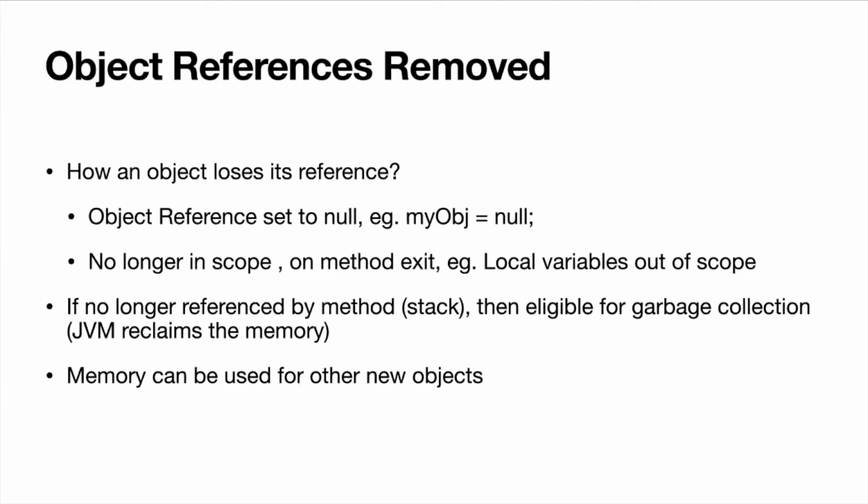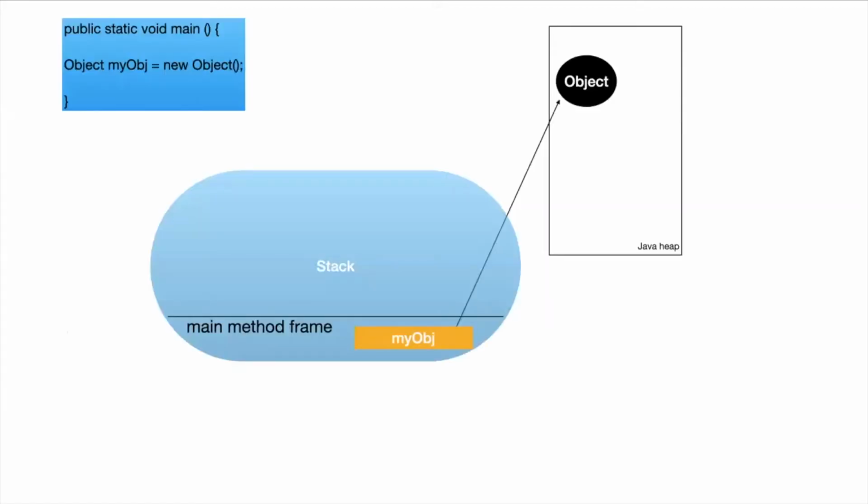The standard way of instantiating an object, where you have your constructor called and then you assign it to a variable of that class type, is a strong reference to the object.